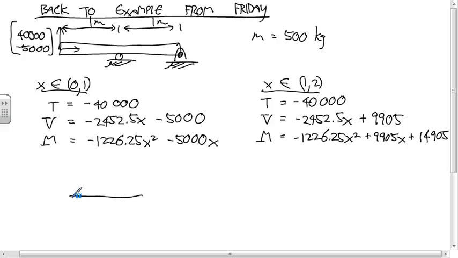So what we're trying to do is find the maximum absolute value of the normal stresses. And what's relevant for that is the tension, the internal tension, and that's just a value of negative 40,000 the whole way. And for now, we're not worrying about the shear force because the shear force produces shear stresses.